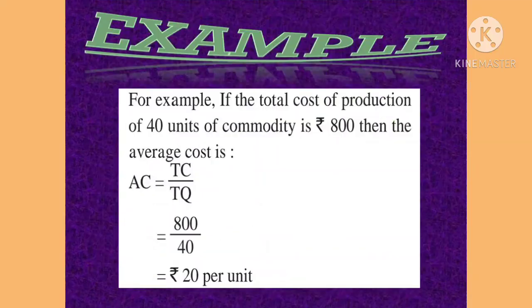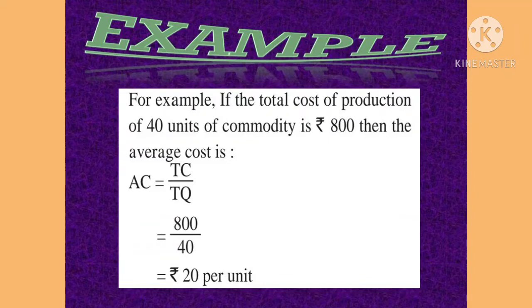Let us see an example on average cost. If the total cost of production of 40 units of commodity is rupees 800, then the average cost is AC equals TC upon TQ, equal to 800 substituted for total cost upon 40, which is the total quantity units of commodity produced.